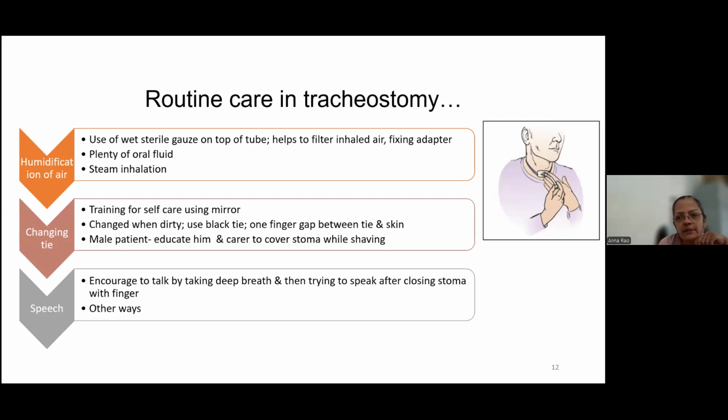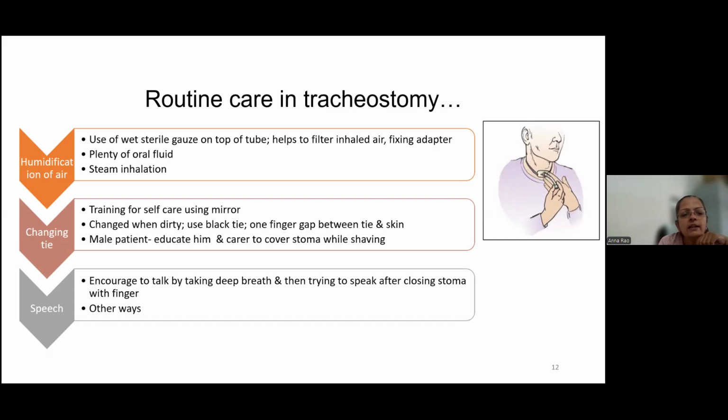There are adapters also coming, so that can also be fixed. Plus, the patient should be encouraged to take a lot of oral fluid, minimum 2 to 3 liters. So that helps. Even steam inhalation, if you give, also helps to humidify the air.